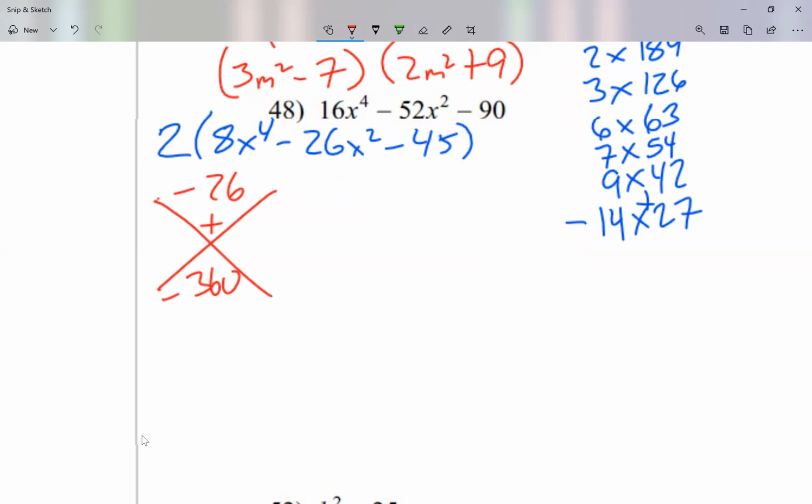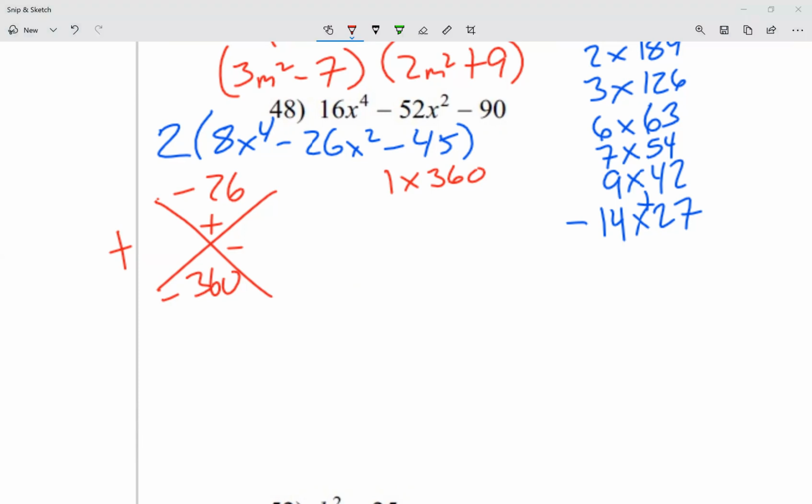So let me find out what are the factors of 360. My numbers are going to be one positive, one negative because multiplication is negative. So let's see, 1 times 360. So I'm really looking for two numbers that multiplied equals 360, but when I subtract them, it's equal to 26.